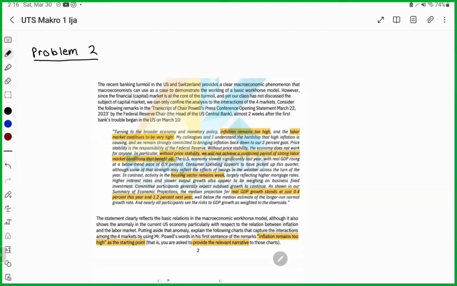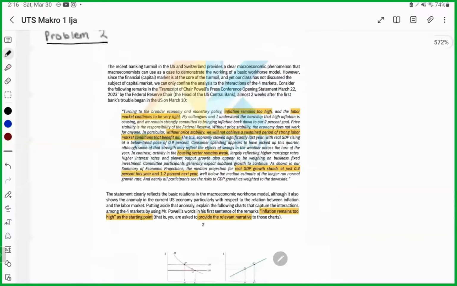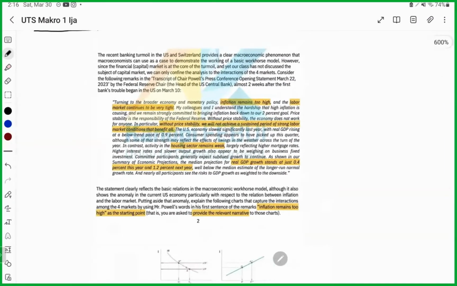Okay, problem 2 is relatively easier. You are given long articles. I won't read the articles, but I have highlighted the important things. The first one is inflation remains too high. In the US economy, inflation remains too high because of this banking turmoil, and the labor market continues to be very tight.